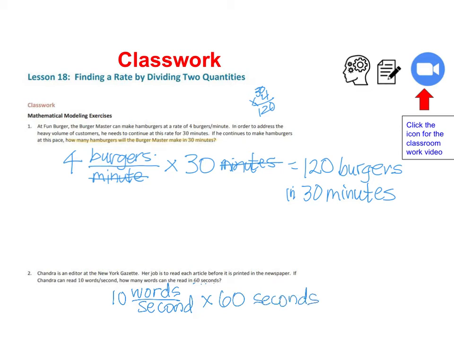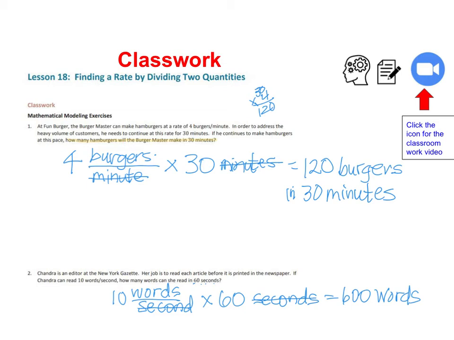Okay, then I cross out like units of measurement, like the second and the seconds. Those cancel each other out, and I'm left with what is 10 times 60. That's 600, and then my label is what's still left, words. And I go back and I reread the question.